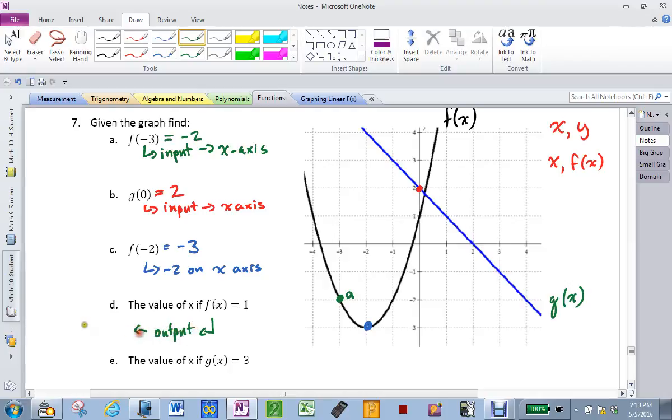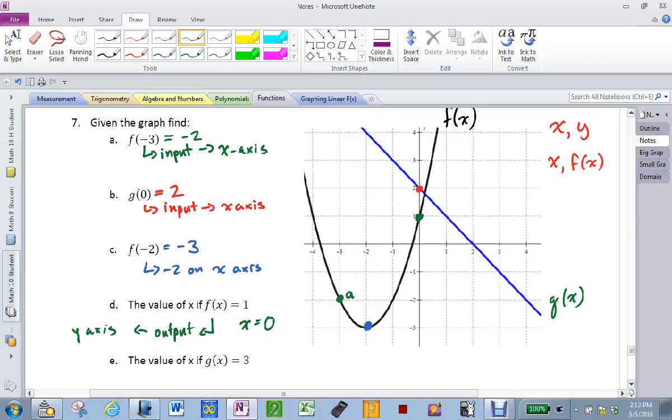What number do I need to go to? I go up to 1. And am I looking on the curved line or the straight line? The curved line. So it's right there, isn't it? So when the f of x is 1, what's my x? 0. Does everyone see how it works?